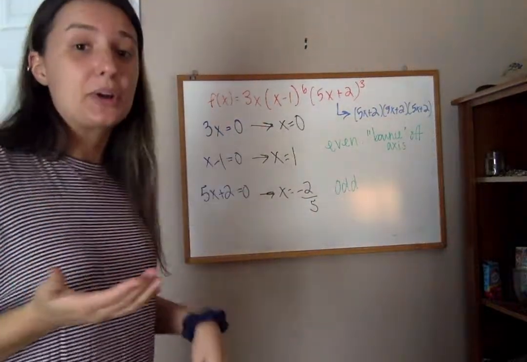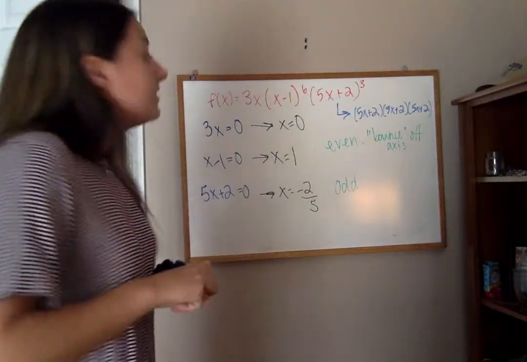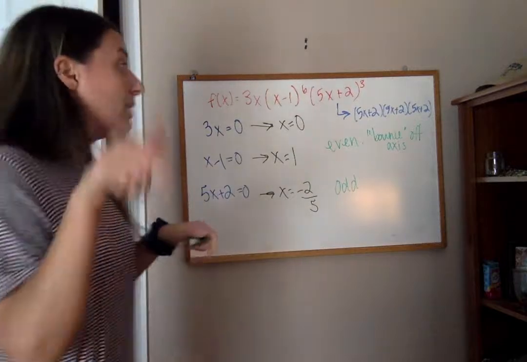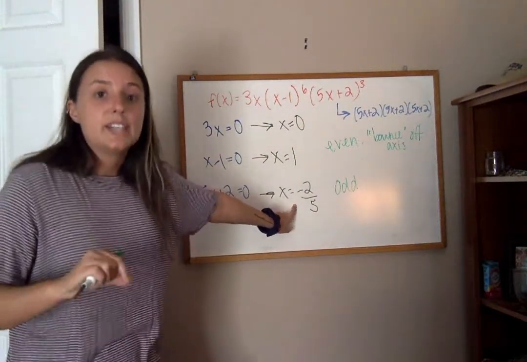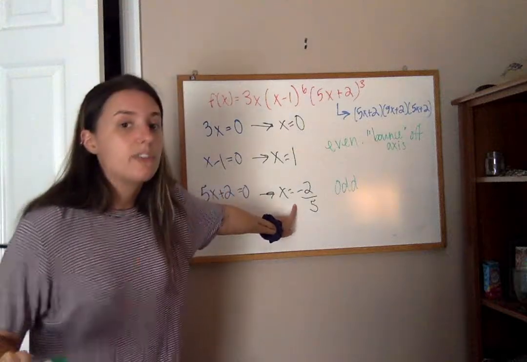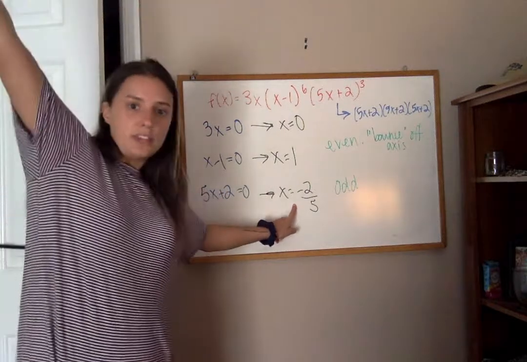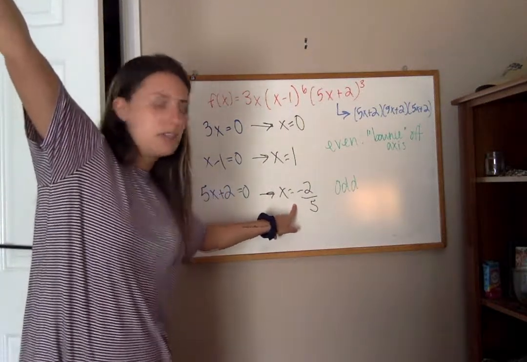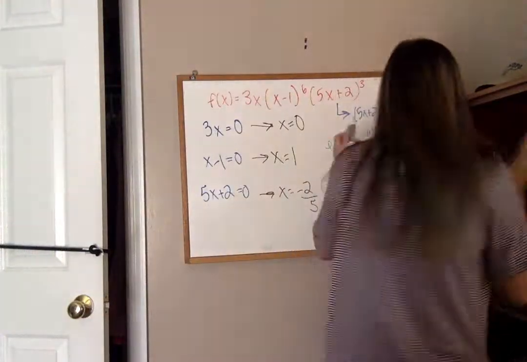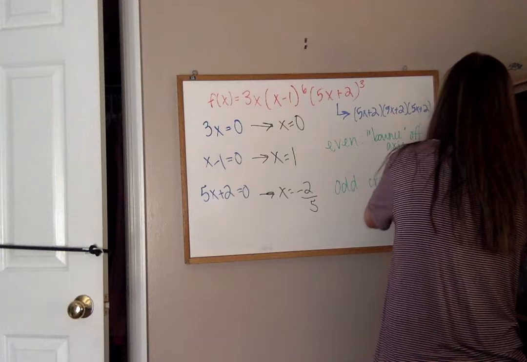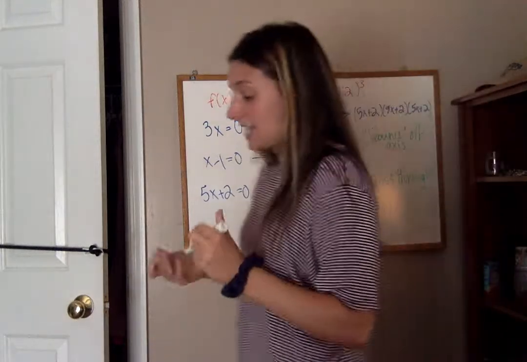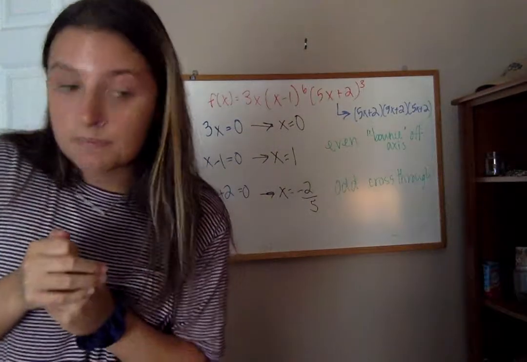Sometimes it's easier just to remember, okay, it bounces off. So for odd, it doesn't bounce off. At negative 2/5, it's not going to hit negative 2/5 and bounce back off. It's going to go through negative 2/5 and shoot right through and go to something else. So I just explained this as cross through. Okay, and again, that's all determined by its multiplicity.